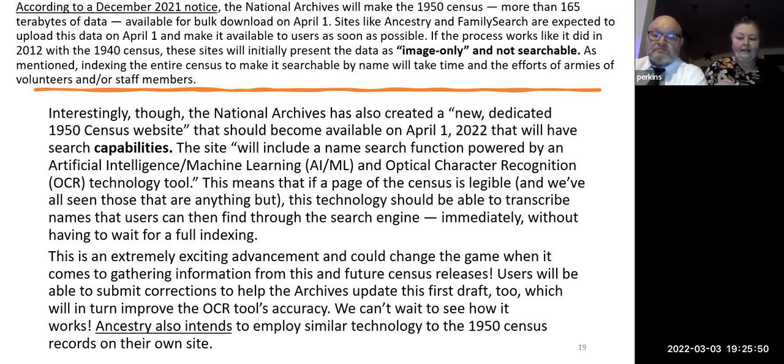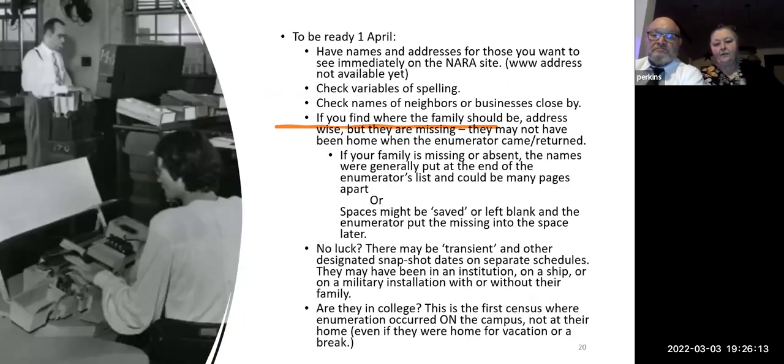Now, right behind them, Ancestry and FamilySearch will be downloading the same 165 terabytes. And when they do that, they will also be doing a name search, because we know that there are oopses that occur on any kind of computer artificial intelligence.